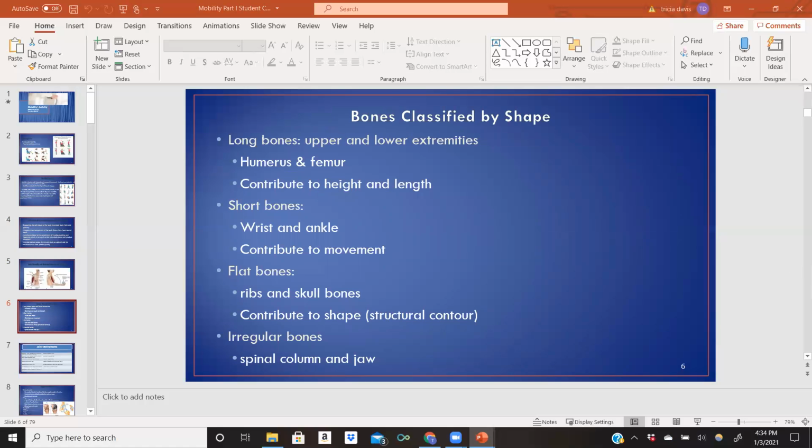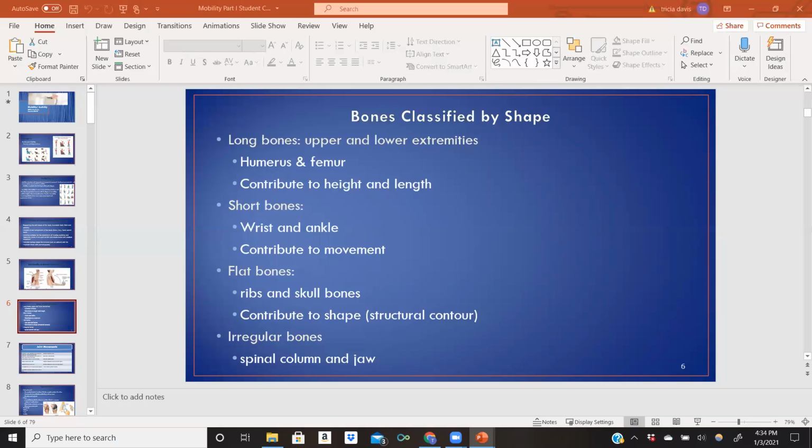So there are 206 bones in the human body. They are classified by their shape. Our long bones are usually found in the upper and lower extremities, so your humerus and your femur, they contribute to the height and the length. You have your short bones, which are located in the wrist and the ankle, and they contribute to movement.